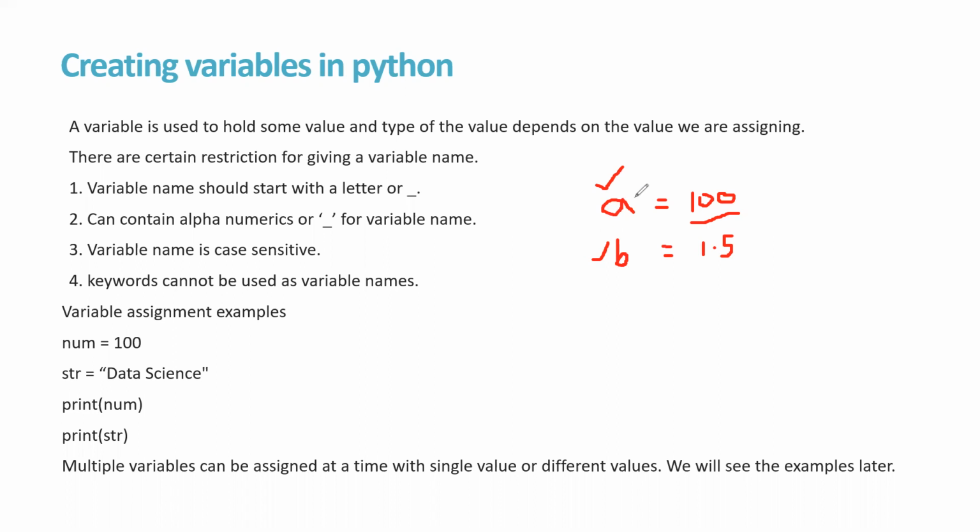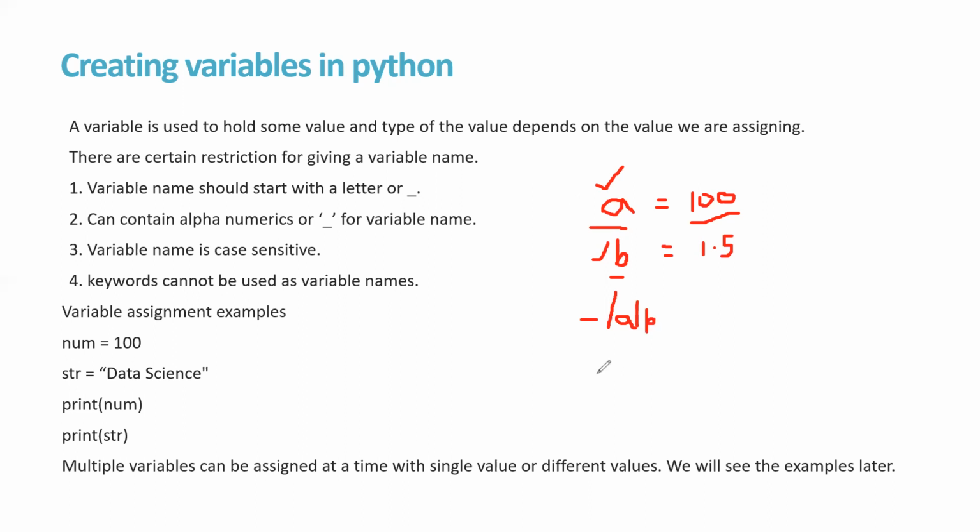But there are certain rules and regulations that have to be followed for declaring these variable names. The first rule is a variable name should start with an alphabet or an underscore.